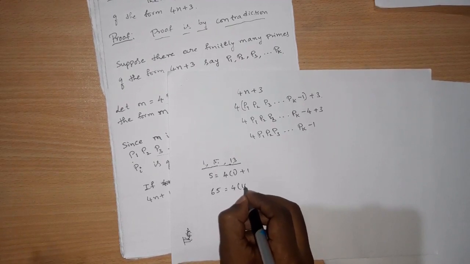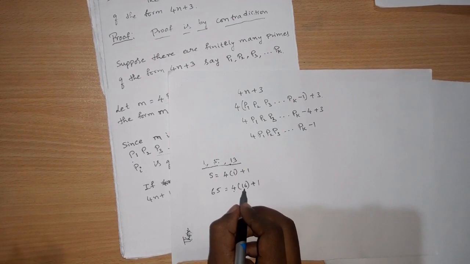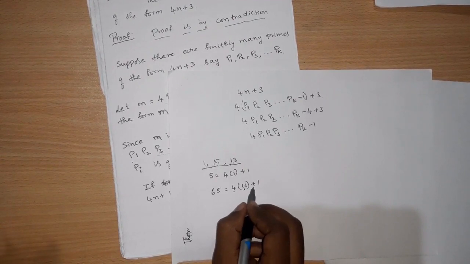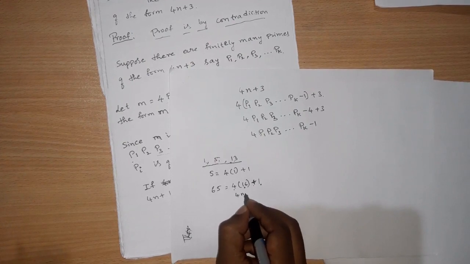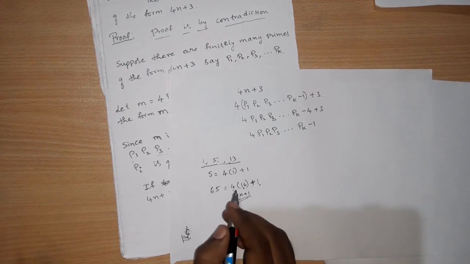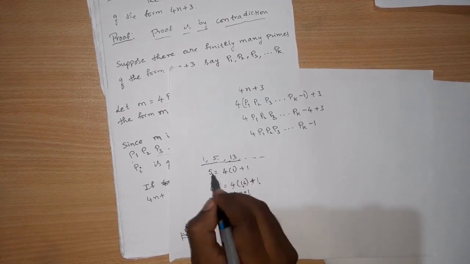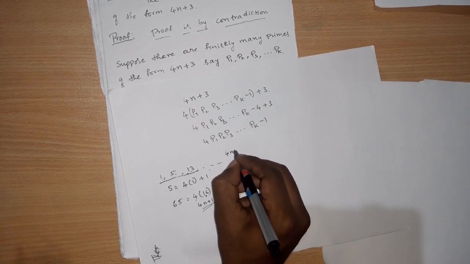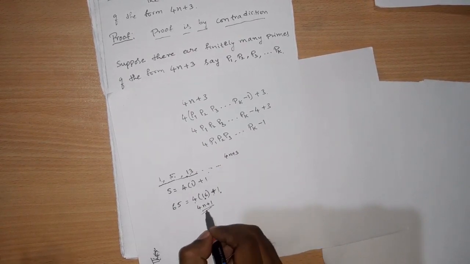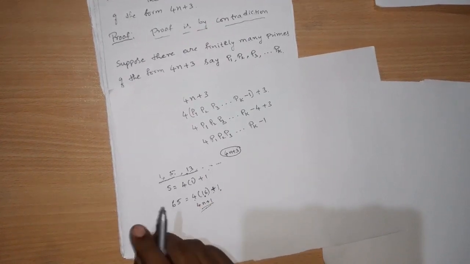So 4 into 16 plus 1: 4 times 16 is 64, plus 1 you will get 65. This is also in 4n plus 1 form. But if you continue like this, somewhere you will get 4n plus 3, not only 4n plus 1; sometimes you will get 4n plus 3 also.